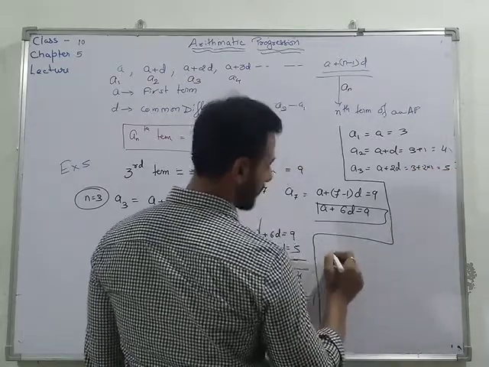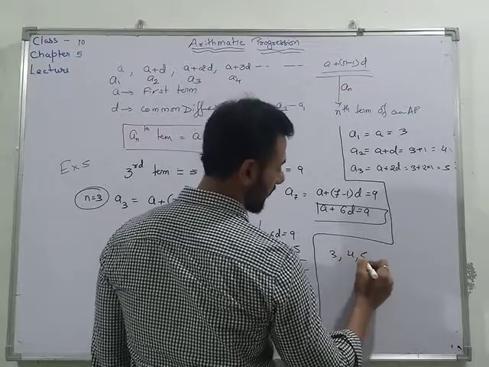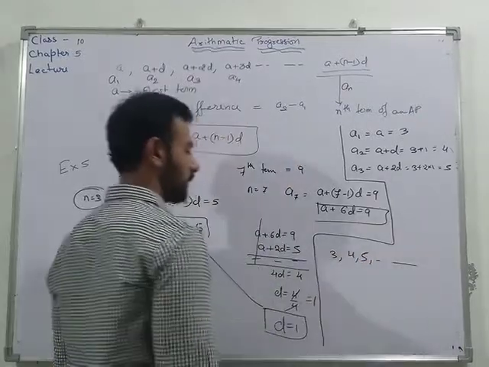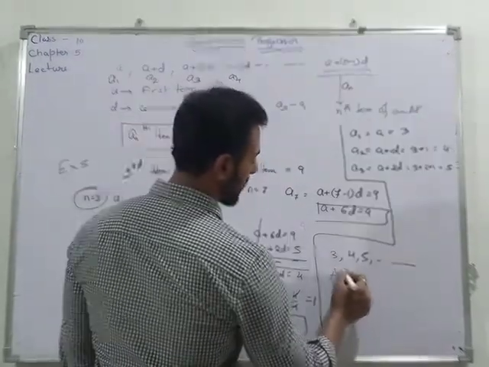So the required AP will be 3, 4, 5, and so on. This is the required AP.